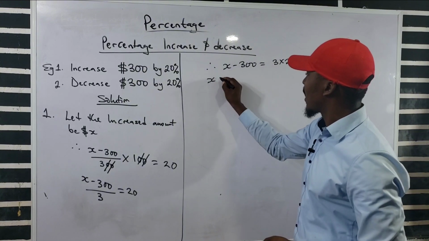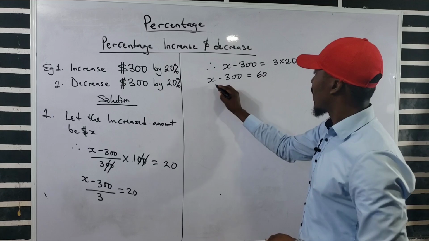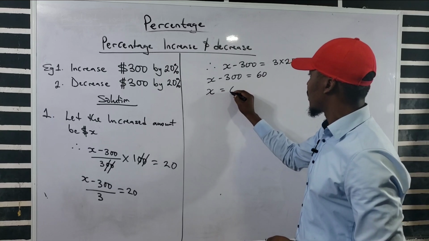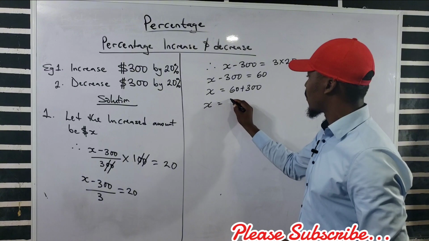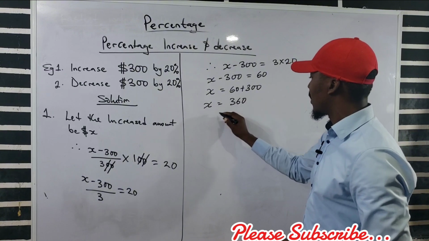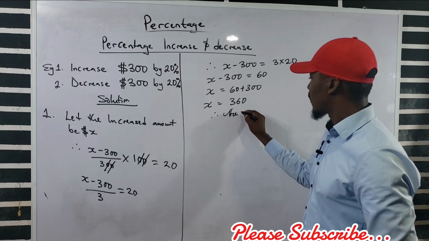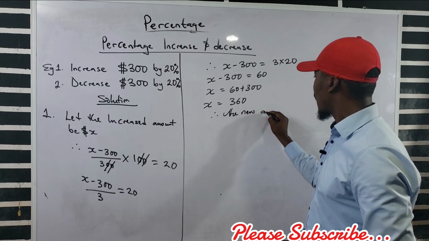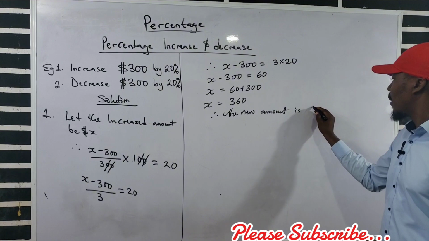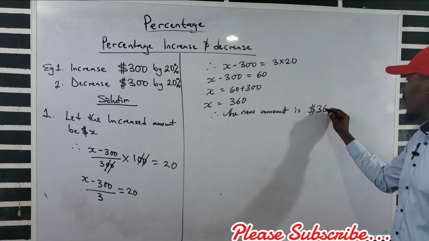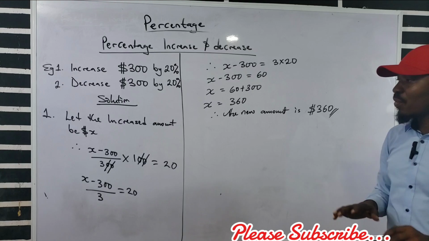That will give us X minus 300 equals 60. That will give us X equals 60 plus 300. That will give us X equals 360. Therefore, the new amount is $360. Okay.